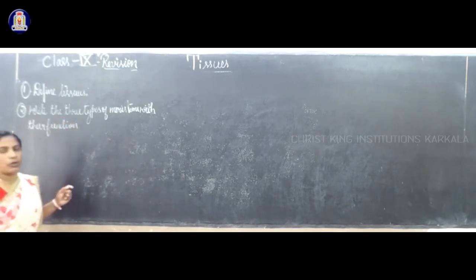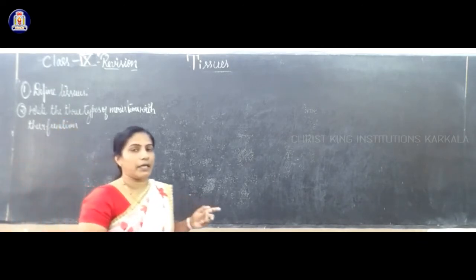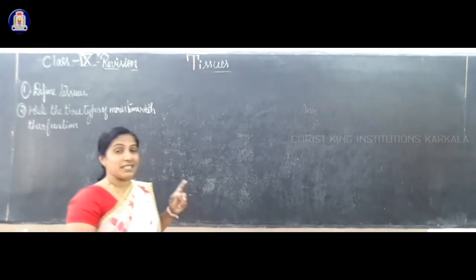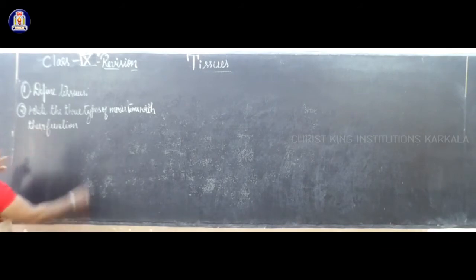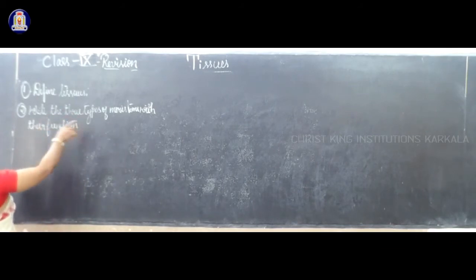Already, sometimes you are writing like a paragraph, but if it is point-wise, it is better in science. So I will give that answer. How to write? Write the 3 types of meristem with their function.